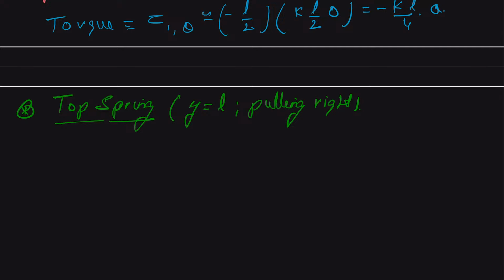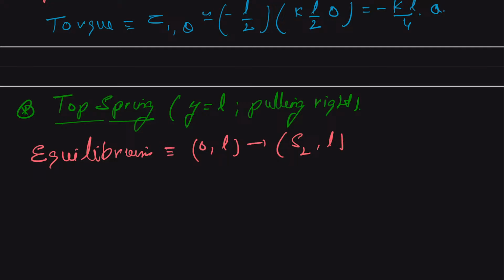So once again, the equilibrium is from 0 to L and to the position which is S2 comma L. And we also know that the force on the rod will be equal to k E2 times x unit vector.